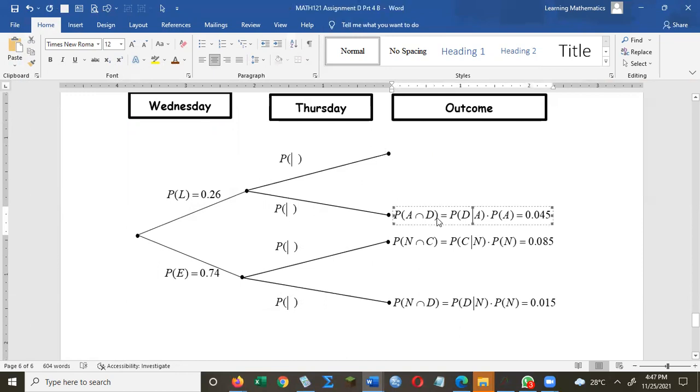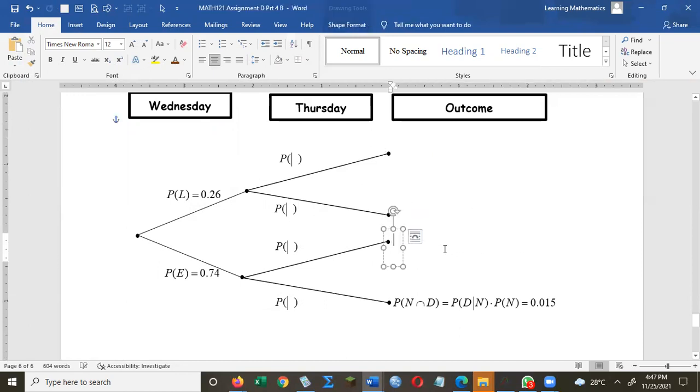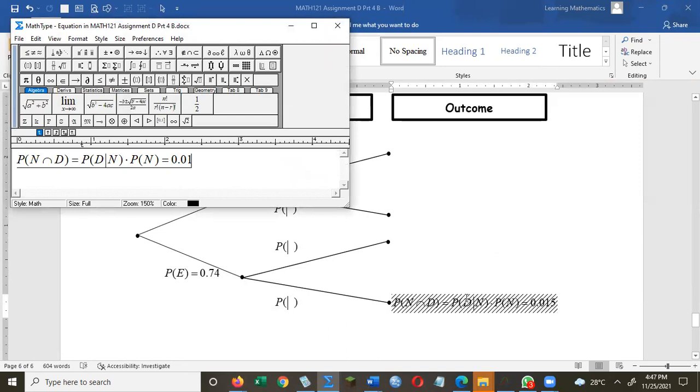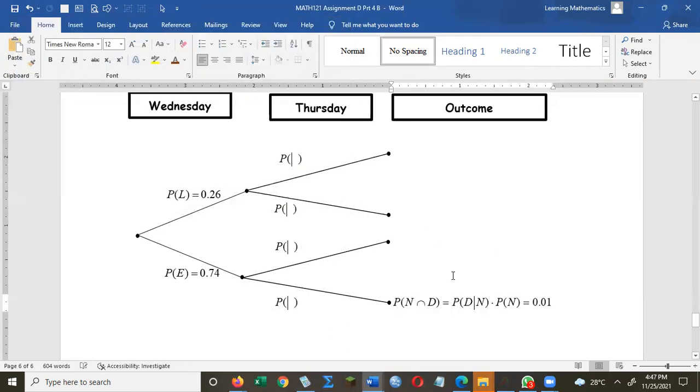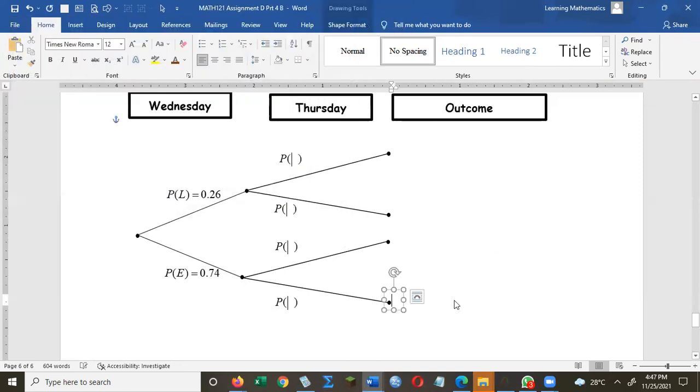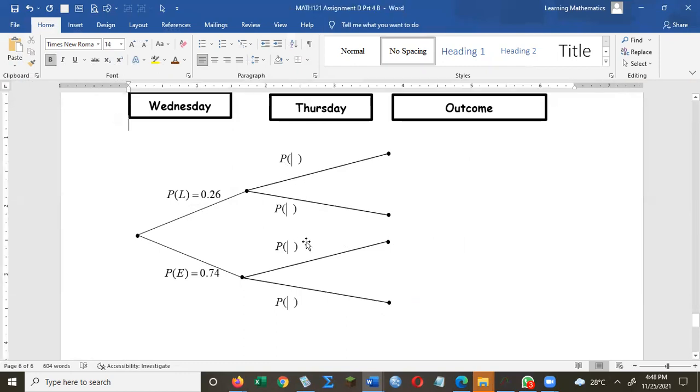Let's delete this. I'm modifying an example. I want to type if he arrives late on a Wednesday in symbolic form.